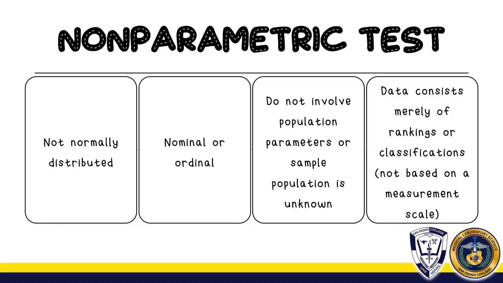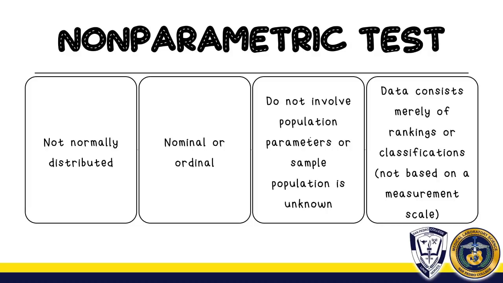Whatever the assumptions of your parametric test, if one of them is not met, then you go directly to the non-parametric test, because the parametric test has so many assumptions. If you check your research data, the data you want to test, and some criteria of the parametric test do not fit your data, then you go directly to the non-parametric test.